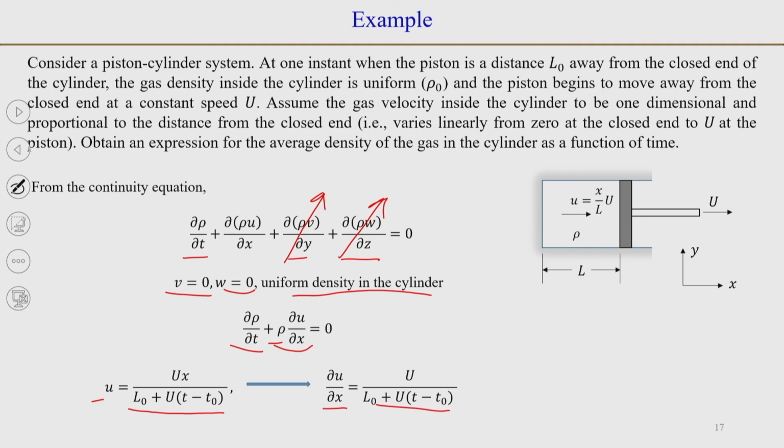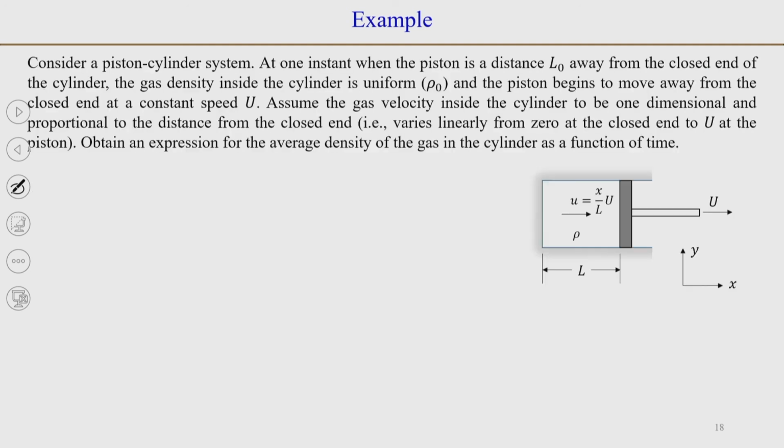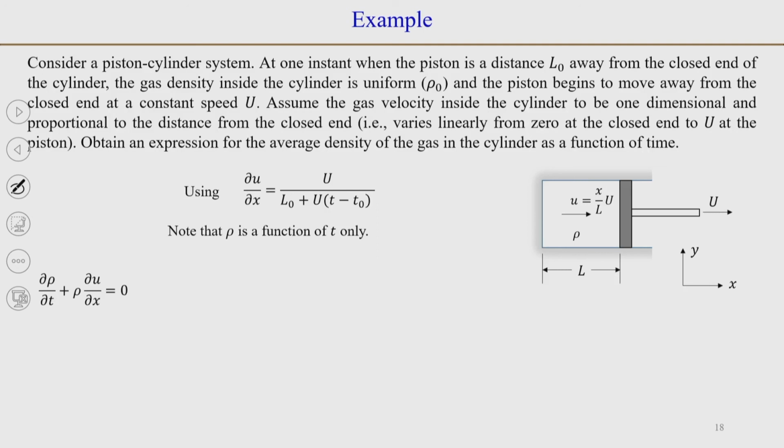We substitute dou u by dou x in the continuity equation, and because rho is a function of time only, the partial derivative can be written as the total derivative d rho by dt.